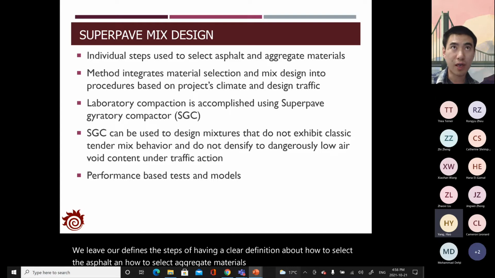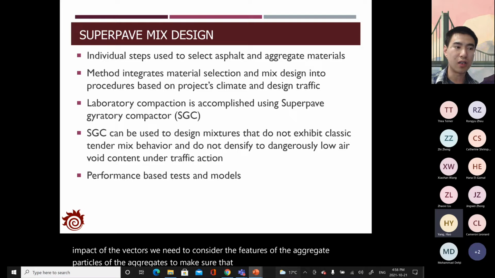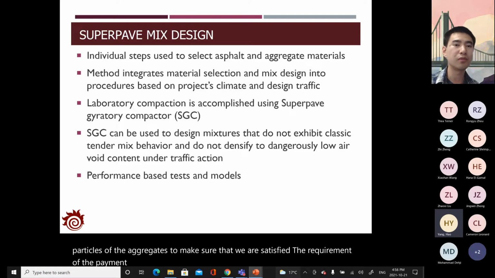We need to consider the impact of the weather. We need to consider the features of the aggregates, especially the particles, to make sure they satisfy the requirement of the pavement in that specific area.